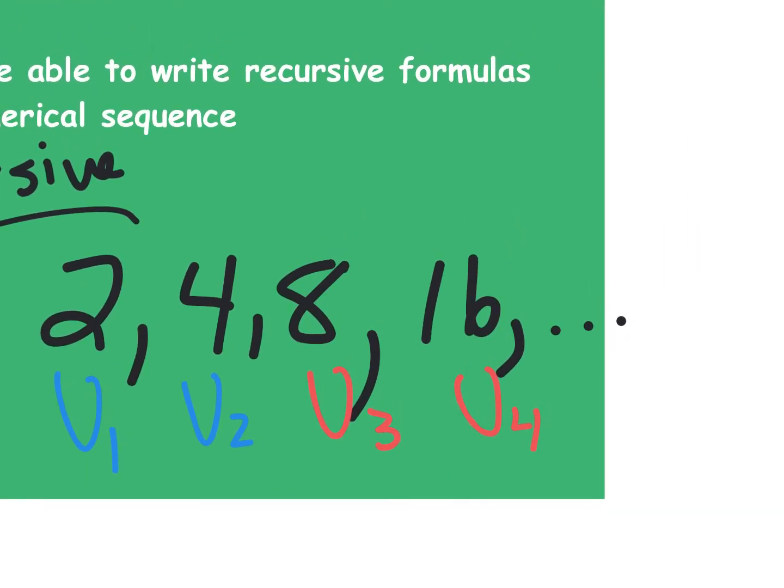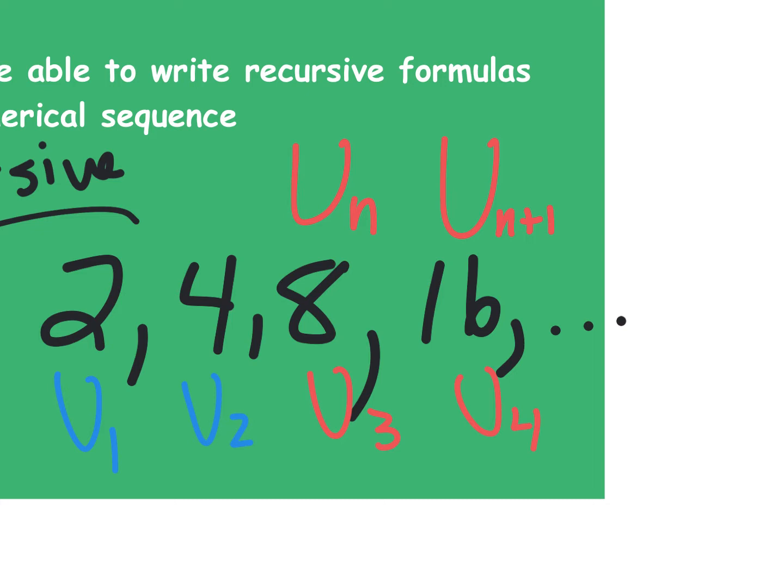Now, if I just wanted to say, pick a random term, then you'd call it U sub n. And when I'm saying sub, it's subscript. So when I say U sub n, that means that the subscript is n. Well, the one right after that would be U sub n plus 1.